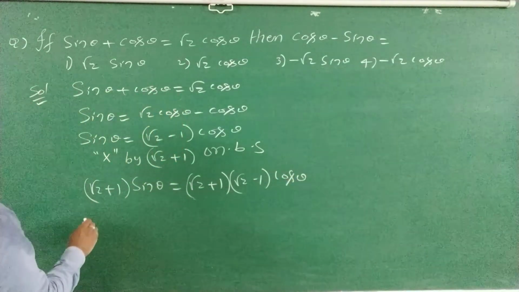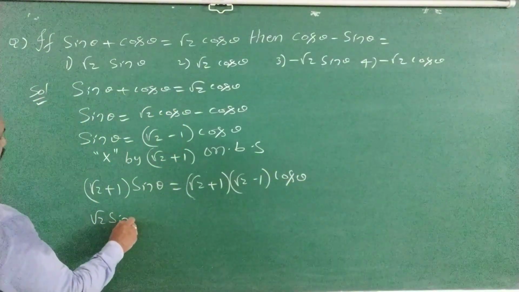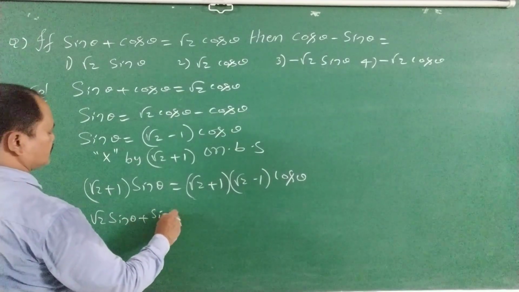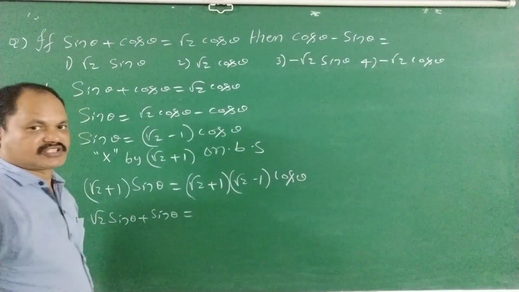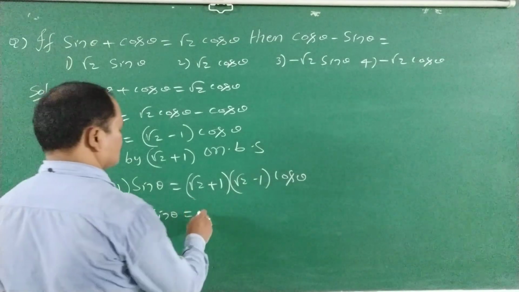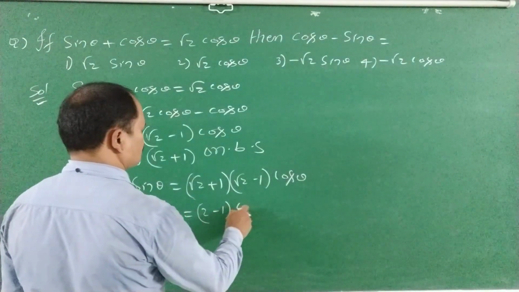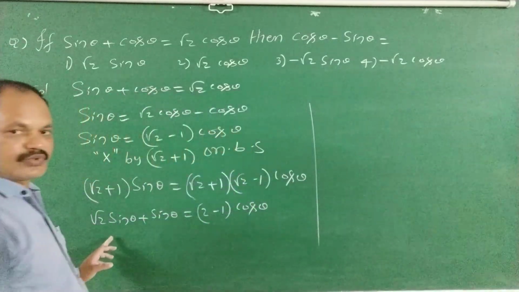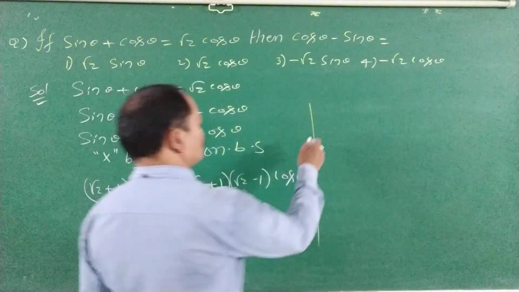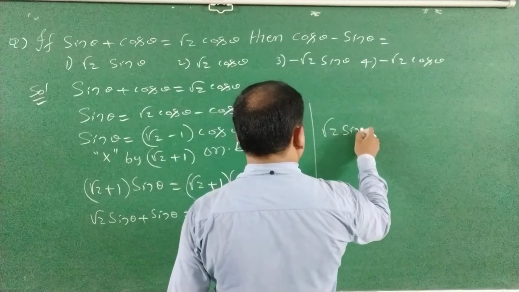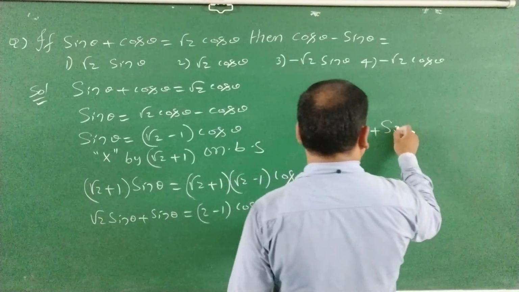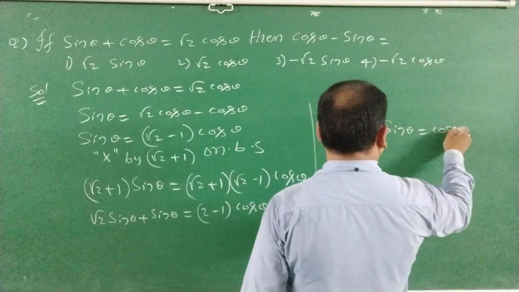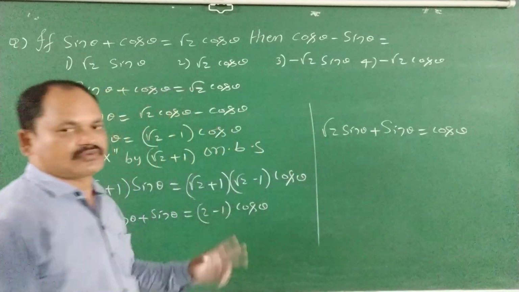Multiplying here, root 2 sin theta plus sin theta is equal to, by a plus b into a minus b equals a square minus b square, 2 minus 1 into cos theta. Now from this we get root 2 sin theta plus sin theta is equal to cos theta, since 2 minus 1 is 1.